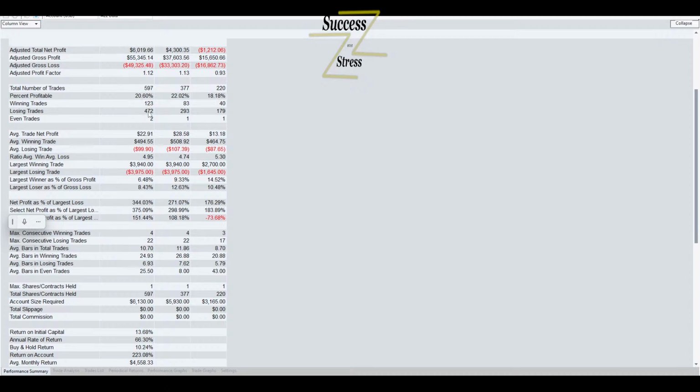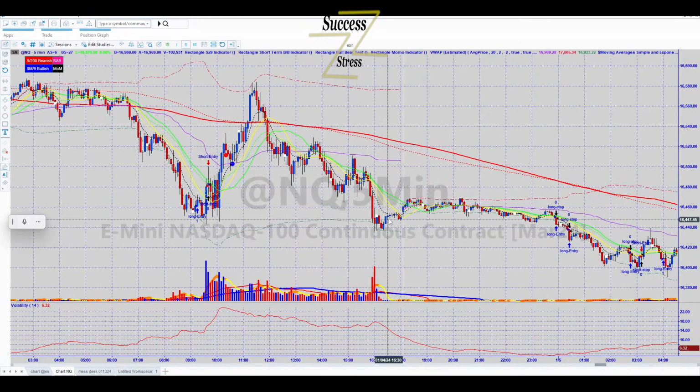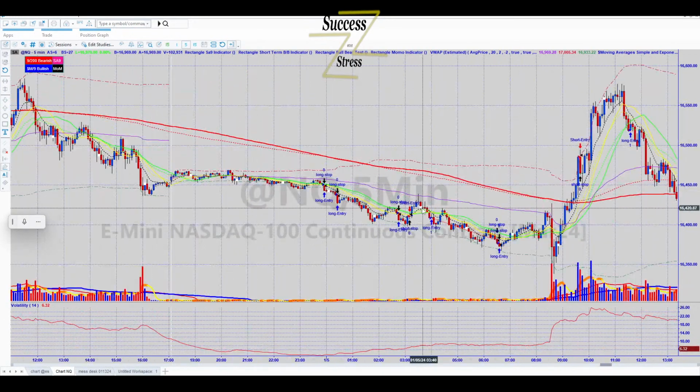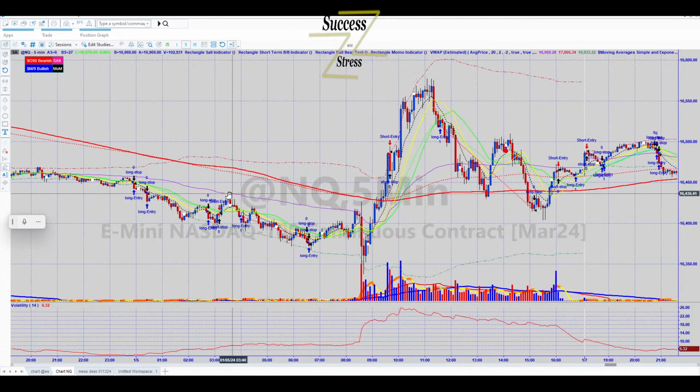So the risk to reward must be pretty good by the time you actually take these executions, because for a profitability rate to be that low, it's got to be making more gains on the win side than it does losses on the loss side. Like I said, for a profitability rate to be that low and it still to be profitable.